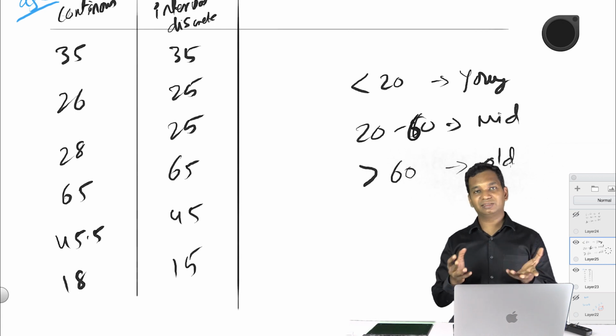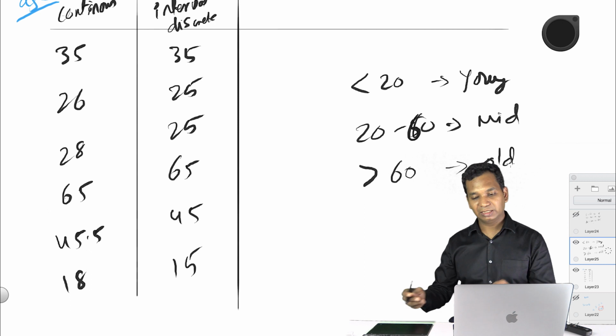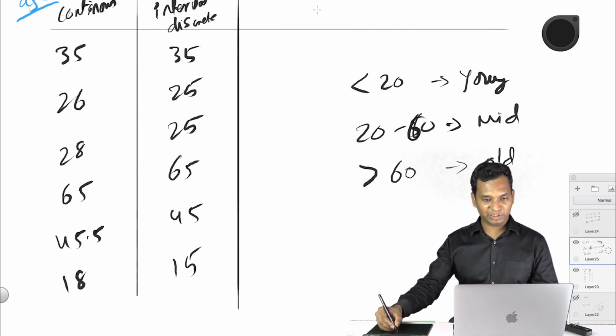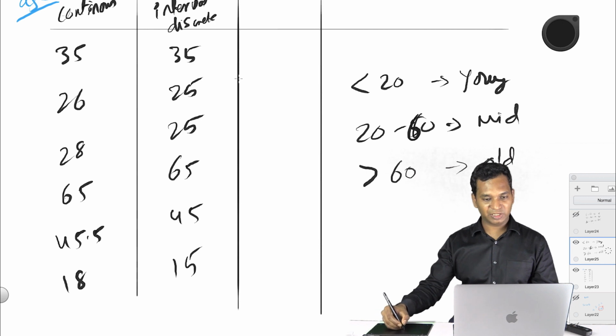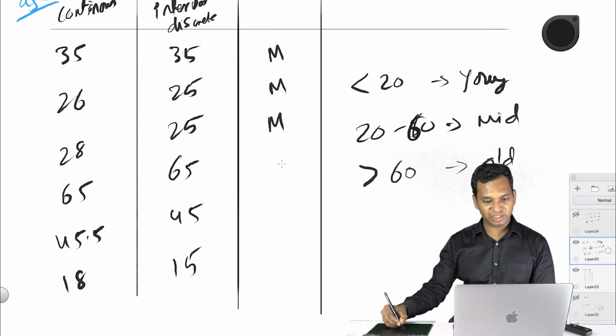That's my definition of when I want to convert into categorical. Now I can use this definition. The first record is actually mid-aged, the second record is also mid-aged, old age, mid-aged, and this is young.